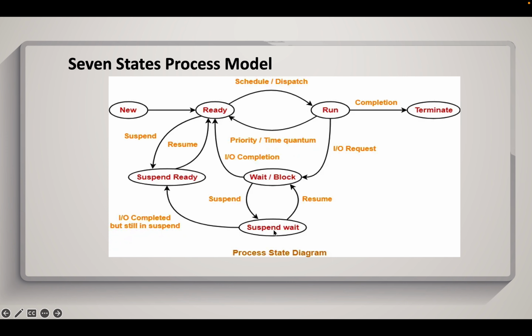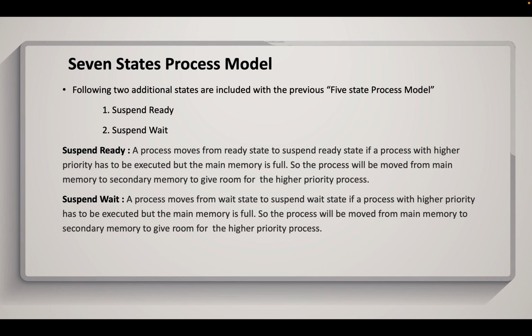So from wait to suspend wait, suspend wait to wait, ready to suspend ready, suspend ready to ready. These are the additional 2 states in the 7-state process model. This is only explained in this slide, so I don't want to repeat it. 7-state process model: suspend ready, suspend wait.